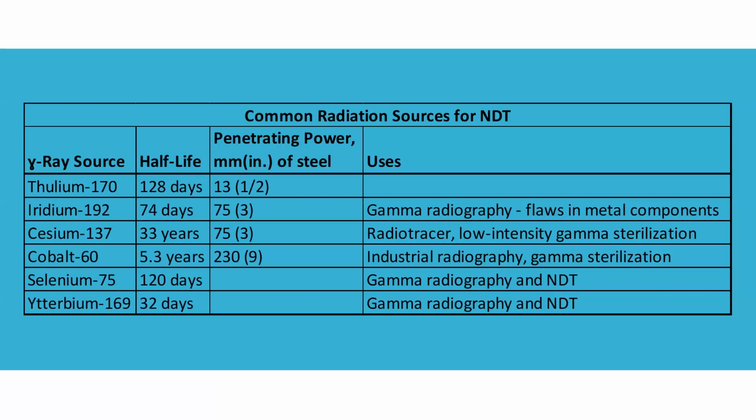With any of these though, the half-life is important in two ways. One is that the half-life, the strength, is potential exposure to the operator. The other part is, when you're figuring out the intensity, or how much you're going to expose an object as part of the imaging process, you have to know where that element is in its half-lives, because the strength of the radiation field it gives off is going to decrease by half, for iridium for instance, every 74 days.